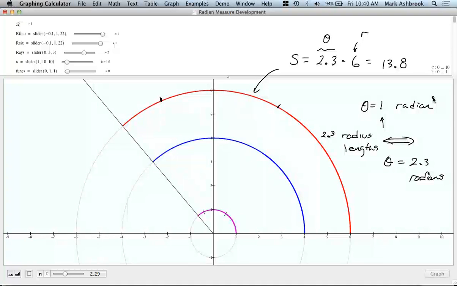So again, this way of measuring angles with radians is really powerful because then it helps us relate to distances in a situation. Because the number of radians, how open the angle is in radians, is equivalent to how many radius lengths are marked off from the one ray to the other.